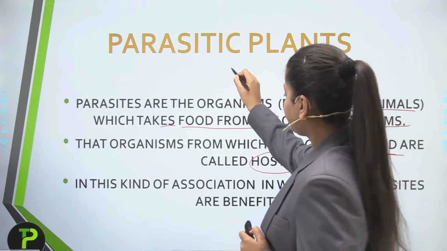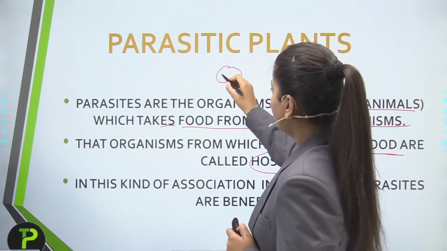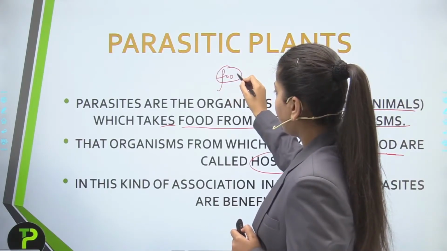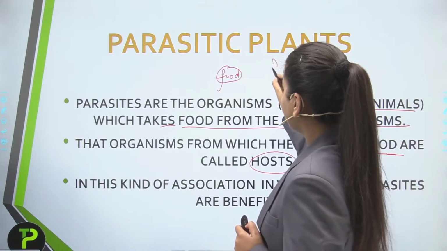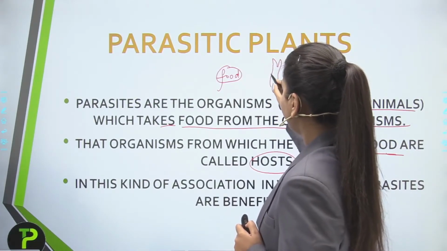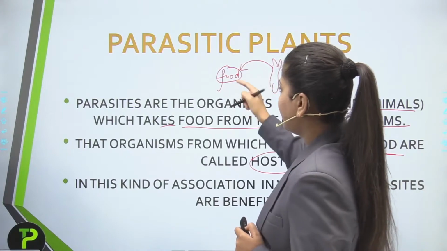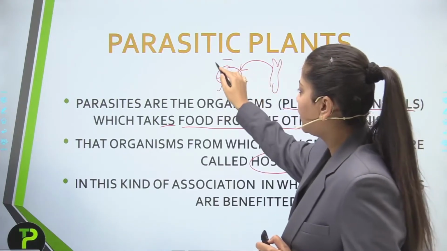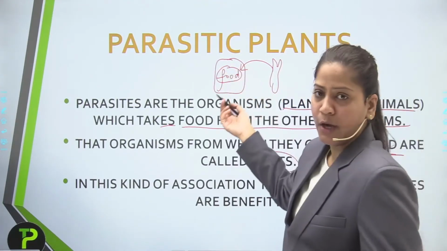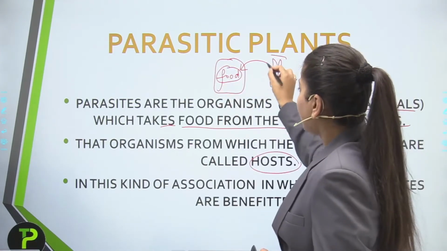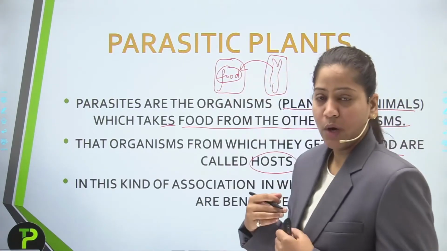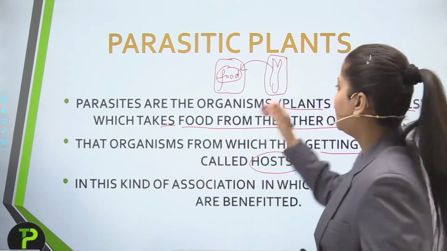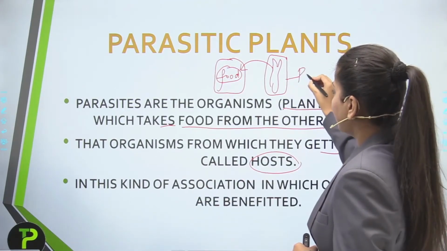Suppose this is food and this is an organism. It is eating this food and this is also an organism. It may be plant or animal. That organism which is having food or which is eating another organism is known as a parasite.